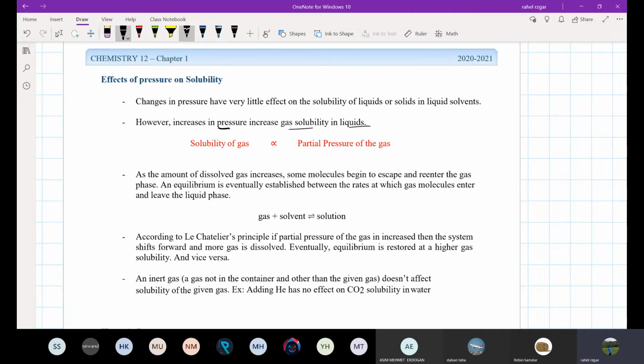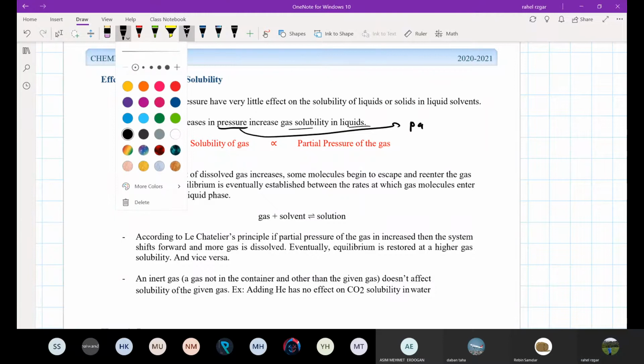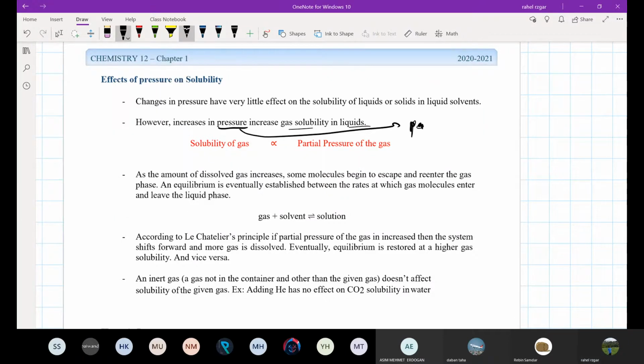what is this pressure that we talk about? It's actually partial pressure. What does partial pressure mean? You might remember from 11th grade, chapter 4.